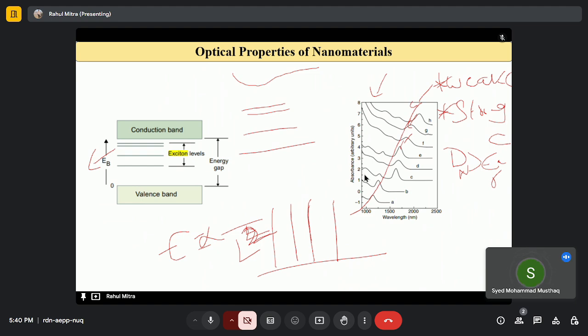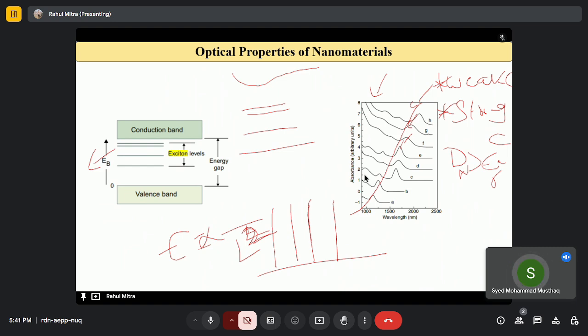It happens in terms of weak confinement. Weak confinement means the size of the nanomaterial is greater than the exciton radius. Because of that, the electron and hole are correlated, which in turn increases the binding energy. Because of this increase in binding energy, the peak will shift from higher wavelength to lower wavelength, a blue shift.